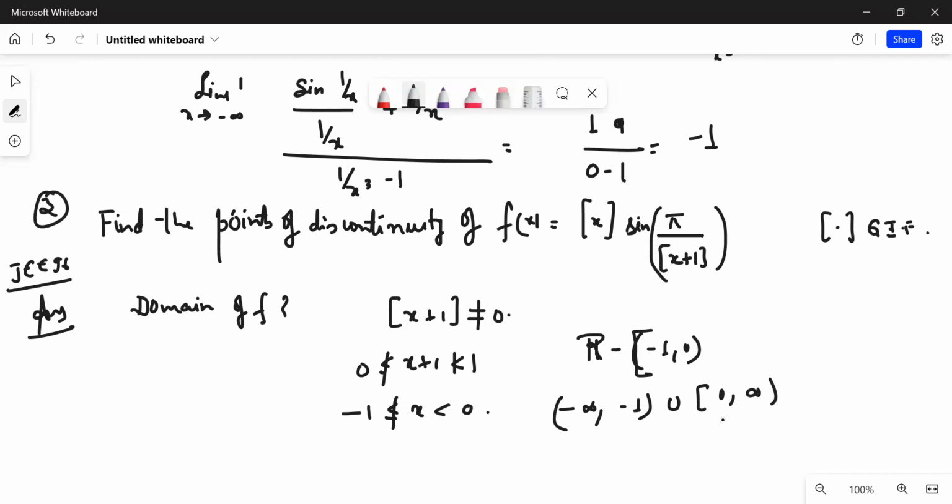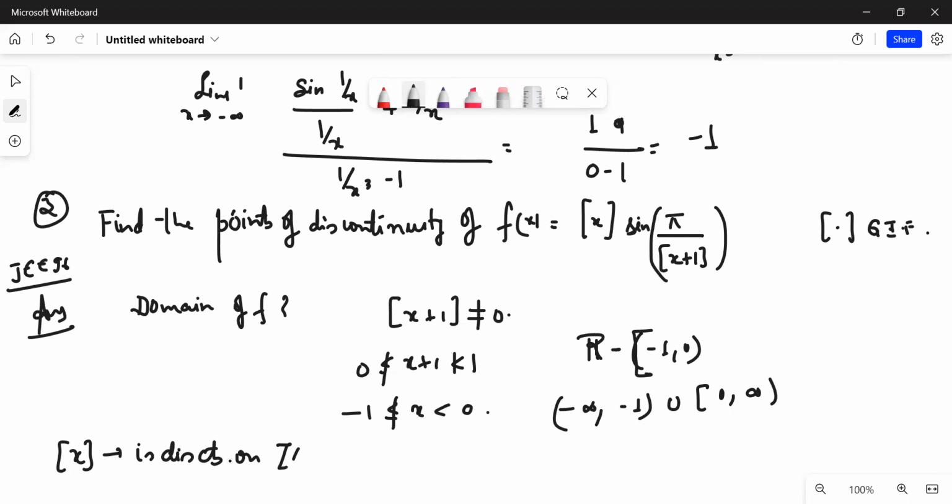And what do you know about the greatest integer function? You know from the graph that I drew on the very first day that greatest integer x is discontinuous on the set of integers, right?